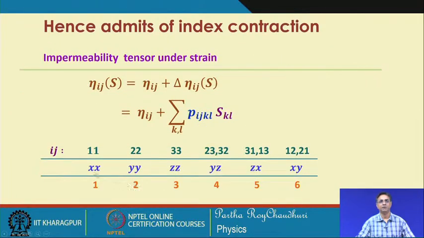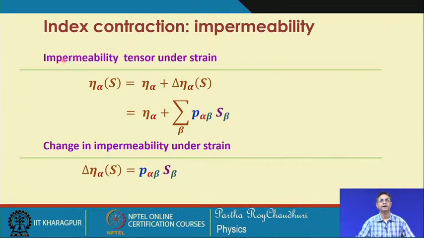Therefore, now we apply this index contraction to this equation, which will give me this: 11, xx, equal to 1, 22. So, using this principle, we can now write this impermeability tensor with one index, that is eta alpha, and delta eta alpha, which will give me, now I have been able to contract the indices, alpha beta, S alpha beta.